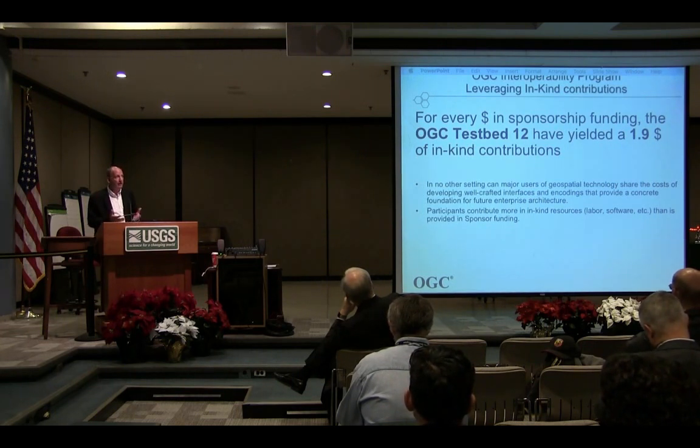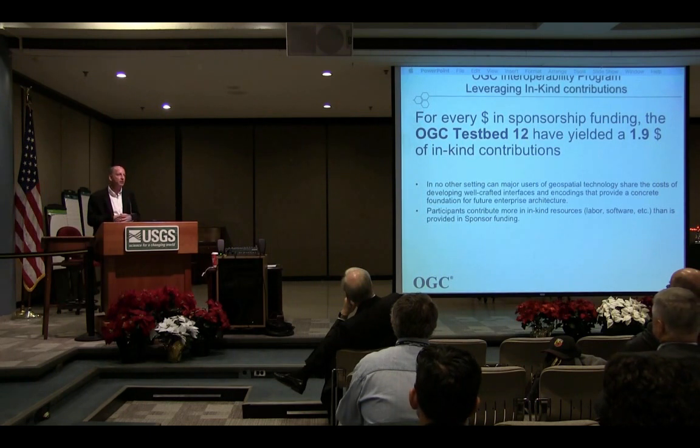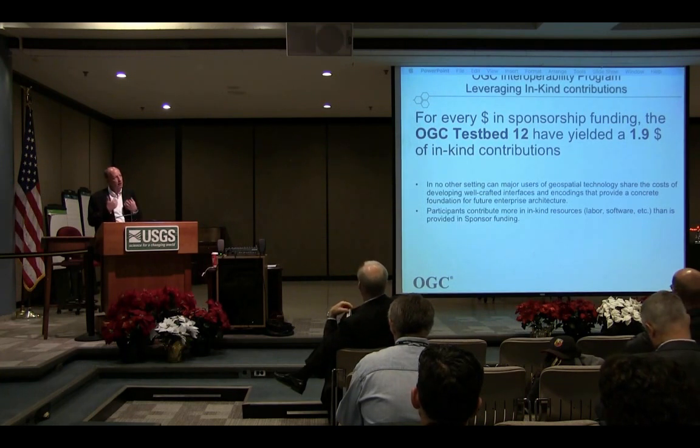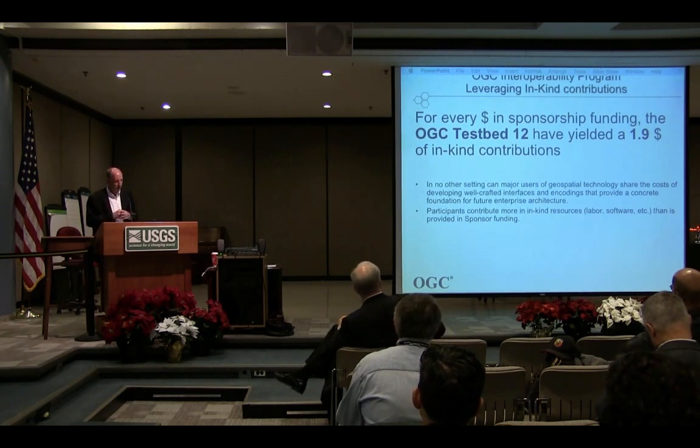Why do they do that? Not because this is a charitable organization, but because it benefits them. They come with their research and development hats on, they come with their risk reduction hats on, and they participate in the activity because it helps them, and then collectively it helps the groups that come together in terms of the Interoperability Program or the Innovation Program.